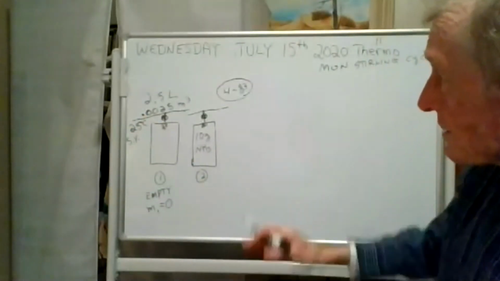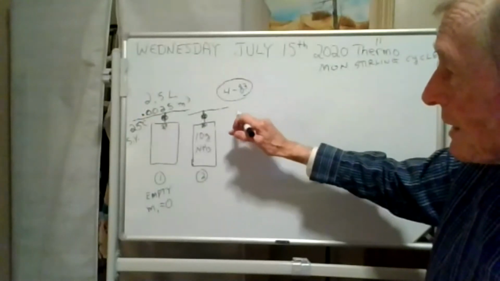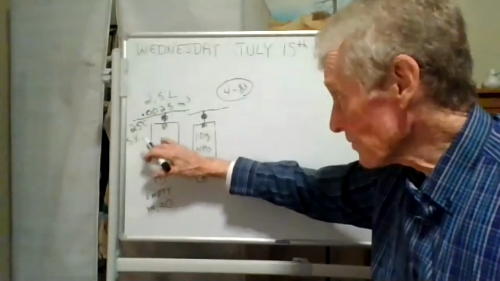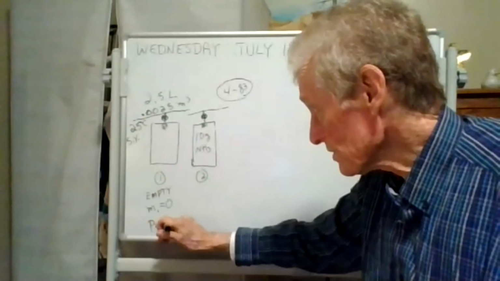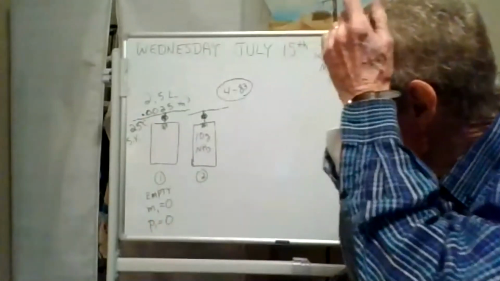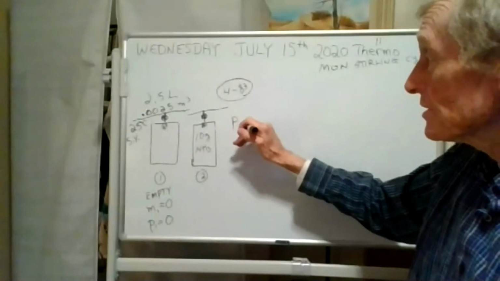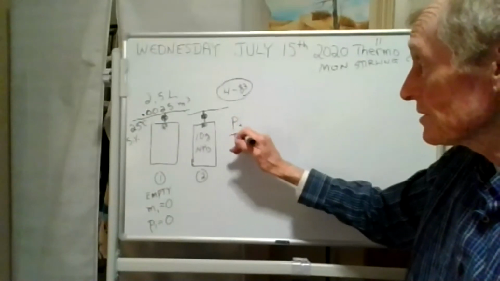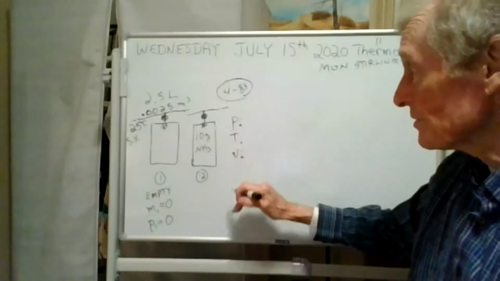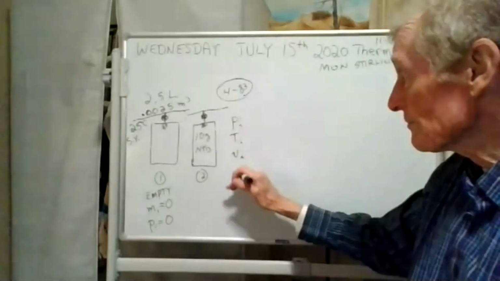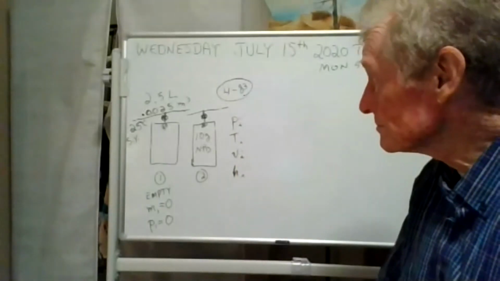Okay, well here, let's write the properties. Now there's no properties here. I mean, the pressure at state 1 is 0. There's nothing in there. But we could write the incoming pressure, the incoming temperature, the incoming specific volume, incoming specific enthalpy.